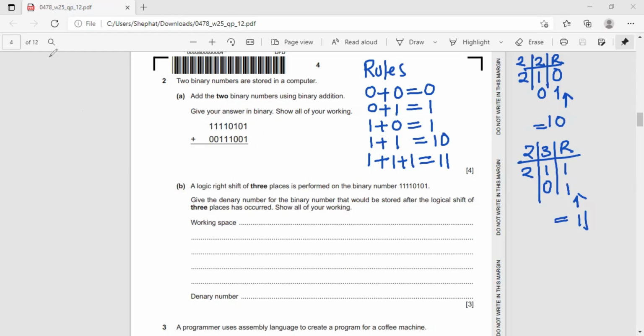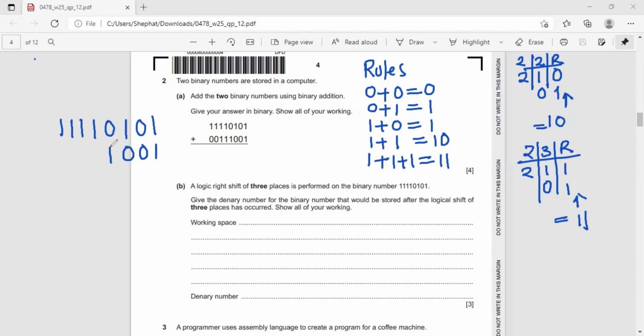They're not visible, so let me rewrite this one so that they are visible. We have 1, 1, 1, 1, 0, 1, 0, 1. Then we have 1, 0, 0.